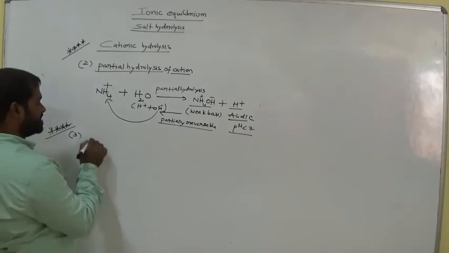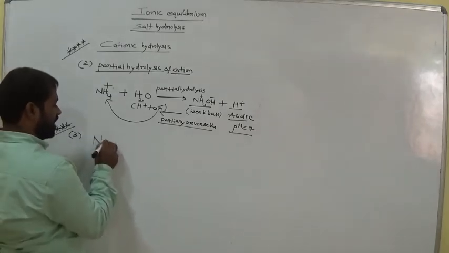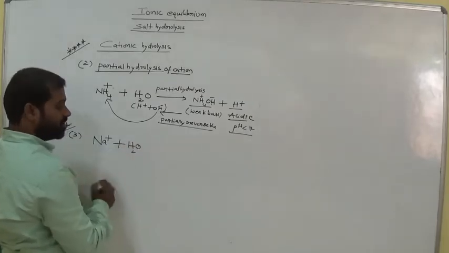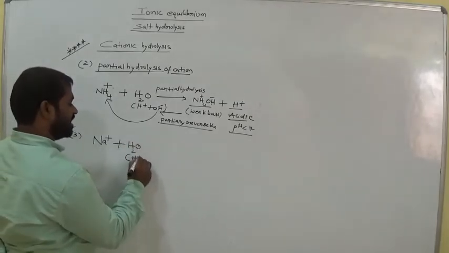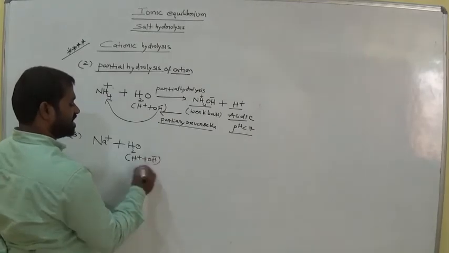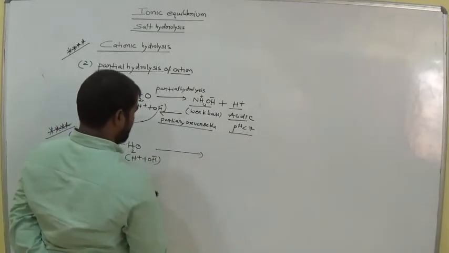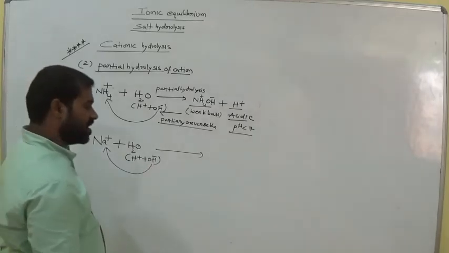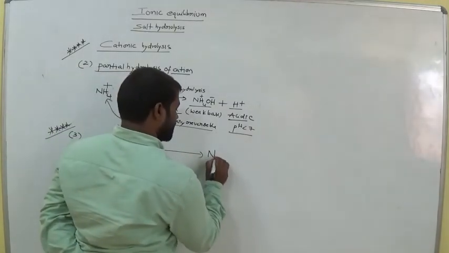Third one. Let's see. The Na+ sodium ion undergoes hydrolysis with H2O. Now what are the ions present here? H+ and OH-, am I right? This is plus, this is minus, OH- is attracted towards the plus. Now what does it give? NaOH, am I right?